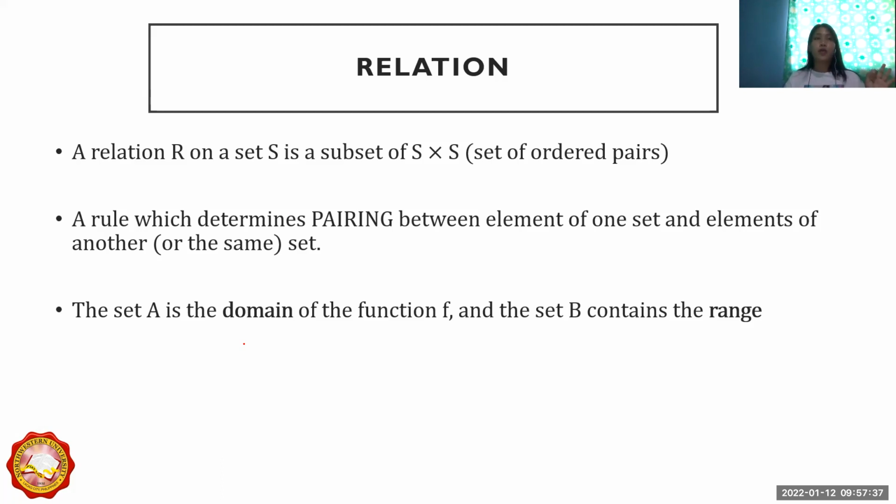So if you have two sets and you're getting the Cartesian product of these two to form a relation, the first would be your domain, your second would be your range.